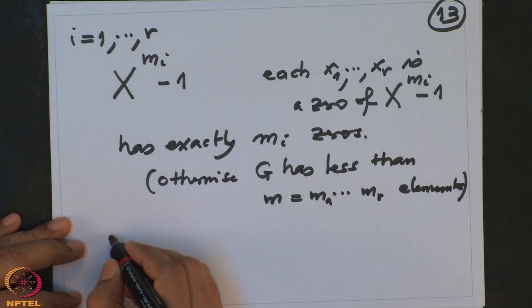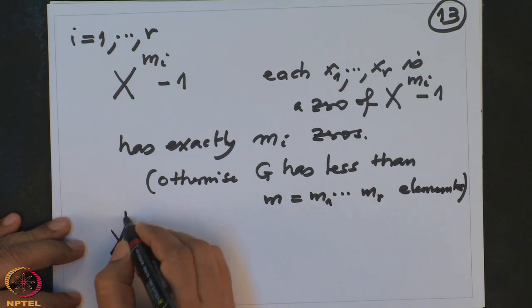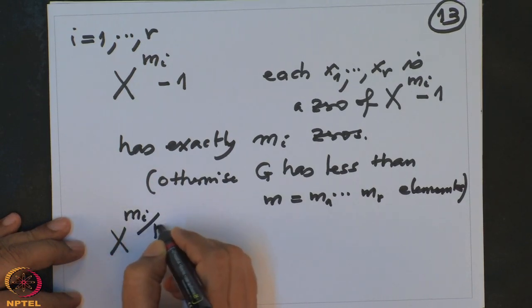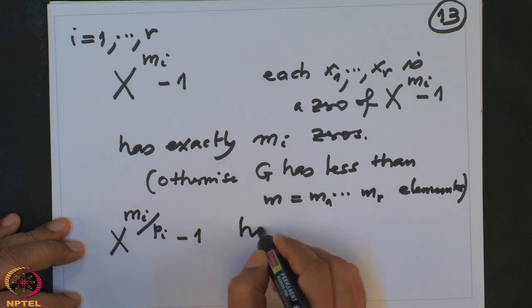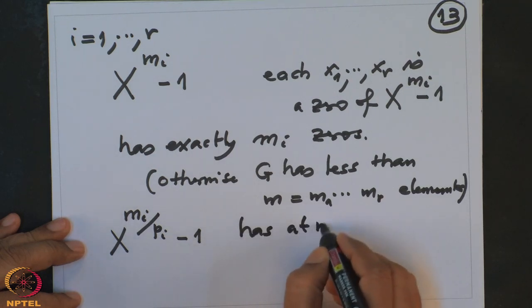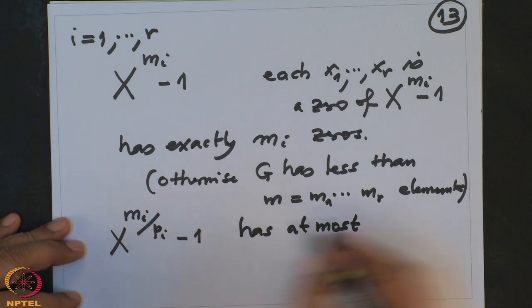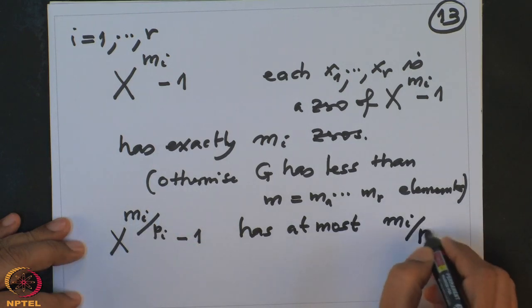Moreover, look at the polynomial x power mi by pi minus 1. This polynomial has at most mi by pi zeros.